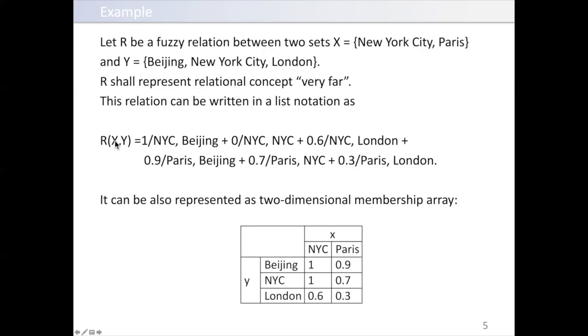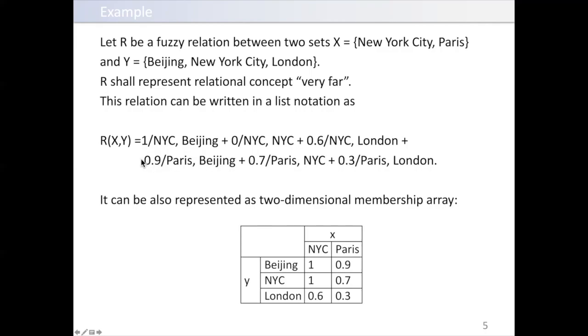We will consider each combination of the elements in set X and the elements in set Y. The combination New York City, Beijing has value 1, saying that they are very far, and New York City, New York City is not far, has value 0, and New York City, London has value 0.6.